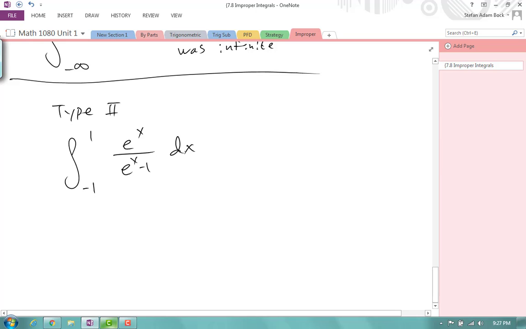See, this is actually a fairly straightforward problem. I could say u equals e to the x minus 1, du equals e to the x dx, turning this into the integral from, let's see, e to the minus 1. This is 1 over e minus 1 up to e minus 1 of 1 over u du.